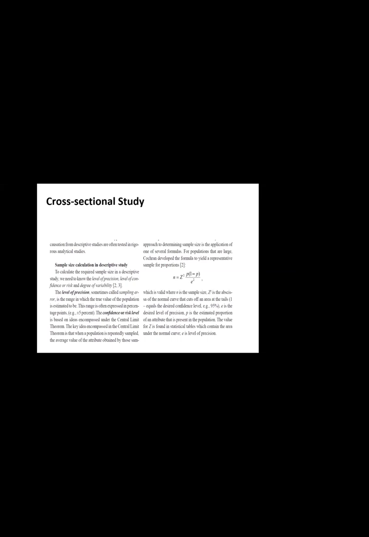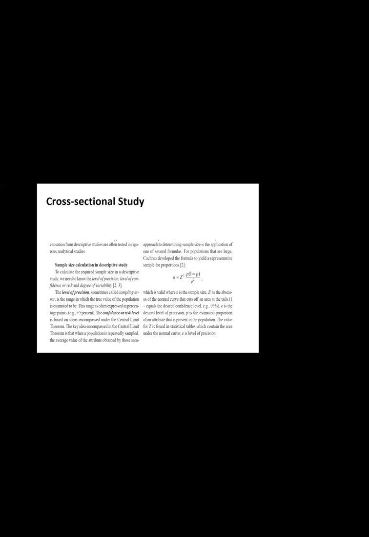So we use the Cochrane's formula, which is z squared, the z is 1.96, multiplied by p. The p is the proportion of what you are doing. You are doing prevalence of diabetes. So already, what is the prevalence of diabetes according to previous studies?